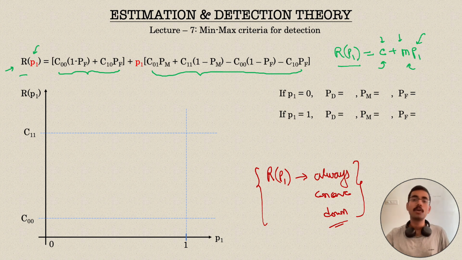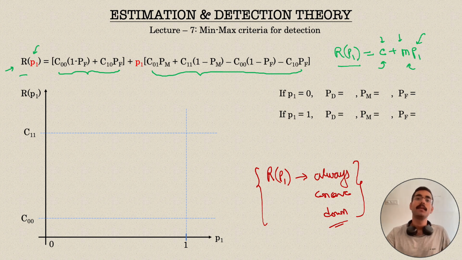It will always be concave down, no matter what. This can actually be mathematically proven, but I'm not going into that because we would be digressing from what we intend to do here. But it's not hard. You can take it as an exercise. I'll also be giving a hint on how to do that, but later on.